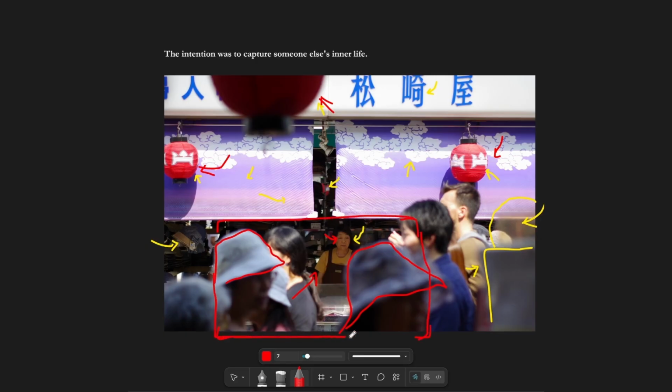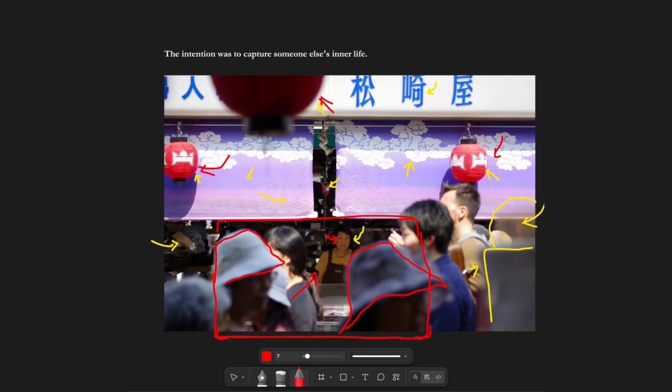Get rid of a lot of elements. The main goal of the kind of imagery that I tend to like, or tend to help other people see, is to simplify the frame as much as possible, because there are a lot of things going on, even in genres like street photography.